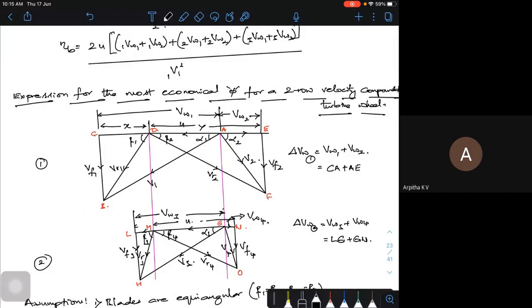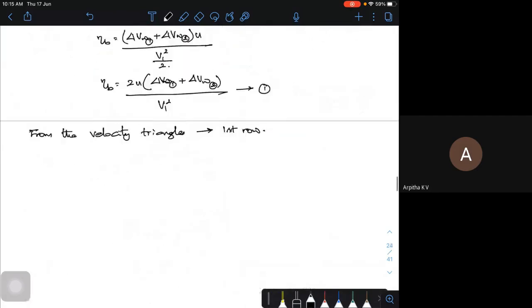So delta VW for the first row is equal to CA plus EE, and also cos alpha 1 is equal to CA by V1, or I can write CA is equal to V1 cos alpha 1.